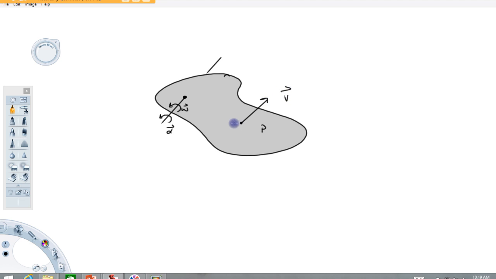And that velocity has to make a right angle to this line that intersects the axis of rotation. I'm going to call this distance r. And I'm actually going to define a position vector that points from some point on the axis of rotation to the point P.